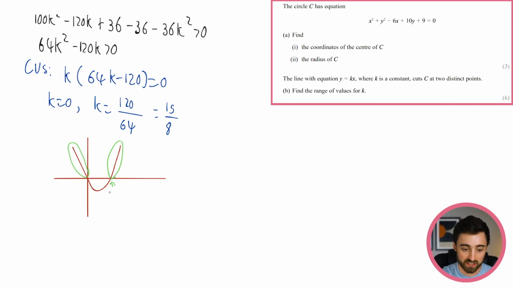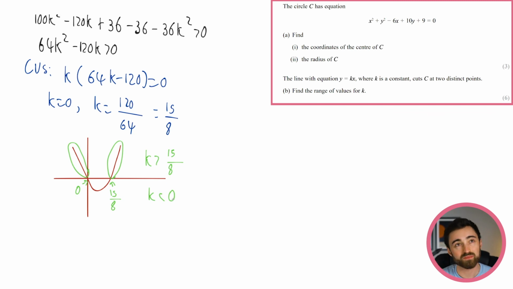So if this is 15 over 8 and that's 0 there, it's going to be greater than 0 for values of k greater than 15 over 8, or values of k less than 0. Two separate solutions there. Two separate regions that give us two distinct points.